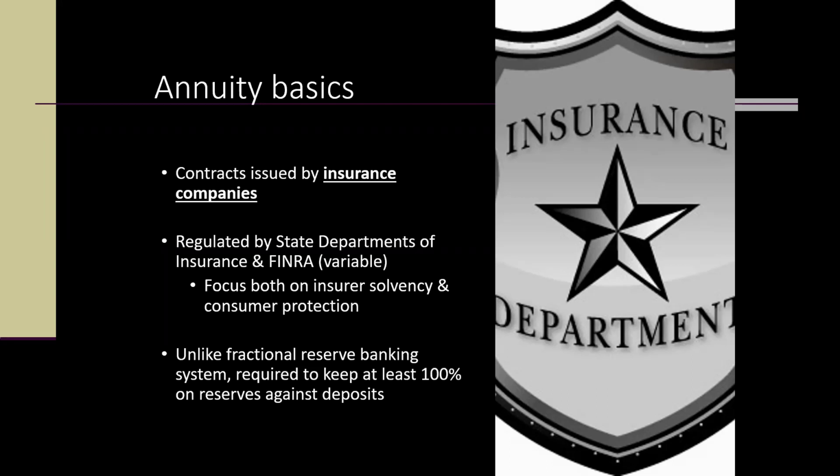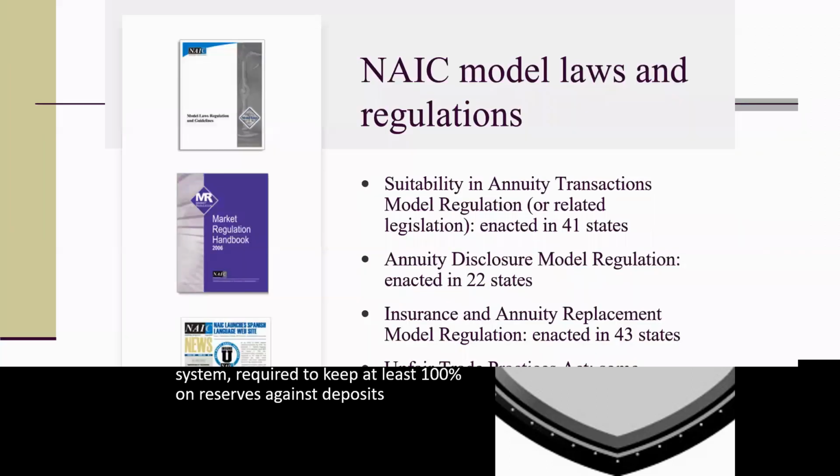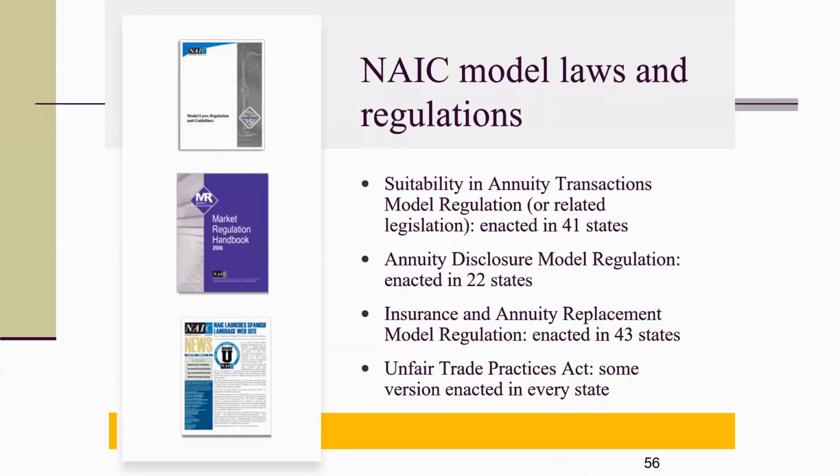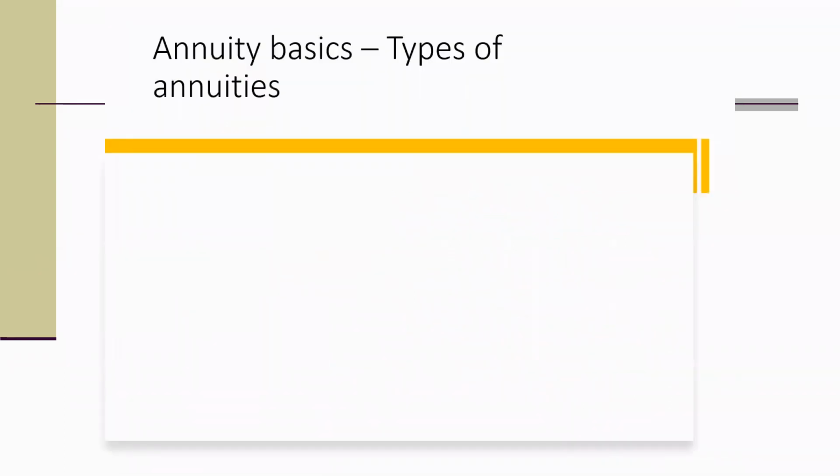Even though they're treated differently than banks, they still are required to keep a certain amount of reserves as a protection to the client. And they're subject to a lot of different rules and regulations by both the states and the feds. These things are designed to protect the consumer, to ensure that you're not separated from your money.